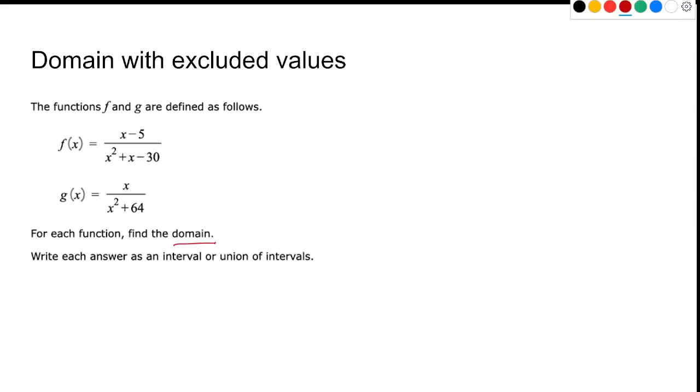Find the domain. So we look up at f of x. Is it potential that we could have a 0 in the denominator? Do we have to worry about square roots? No, there are no square roots, but there is the potential that we could have division by 0. So what we do is we take this denominator and say, when does this become 0?